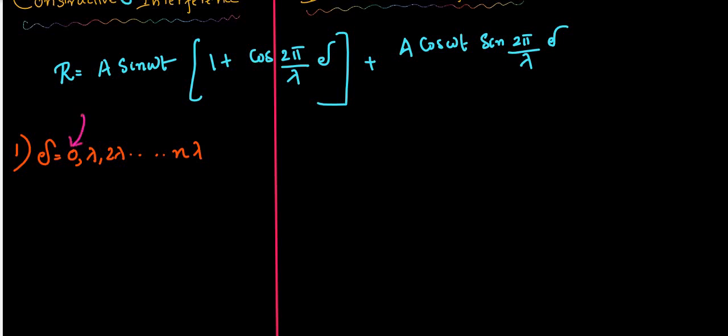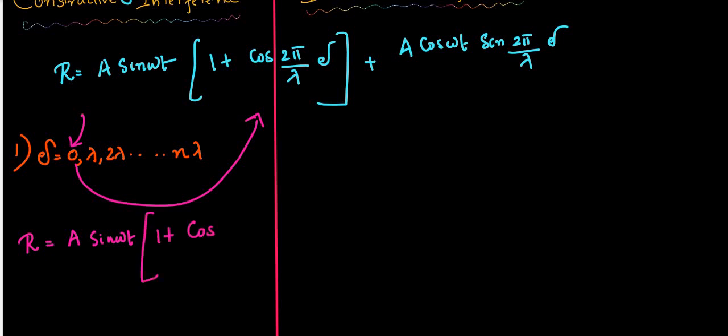Let's take delta equal to 0 and substitute it in this equation. So the resultant displacement is A sin omega t times (1 plus cos 2 pi by lambda into 0) plus A cos omega t sin 2 pi by lambda into 0.